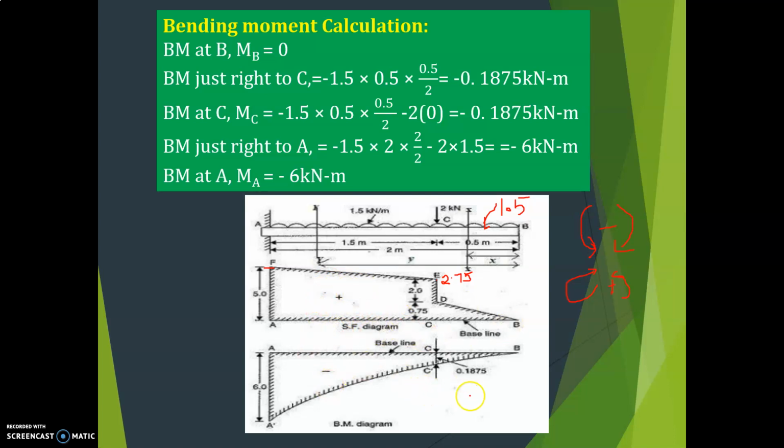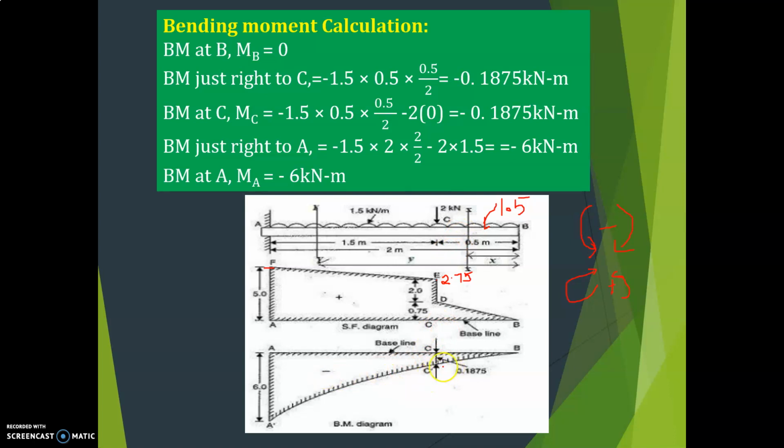Then draw the bending moment. How to draw? Bending moment at B is 0. Here no need to consider, just write to C. If you want you can consider, or directly you can go to that particular point only. At B it is 0. Then at C, that is equal to minus 0.1875. Here minus 0.1875 below the line, minus.